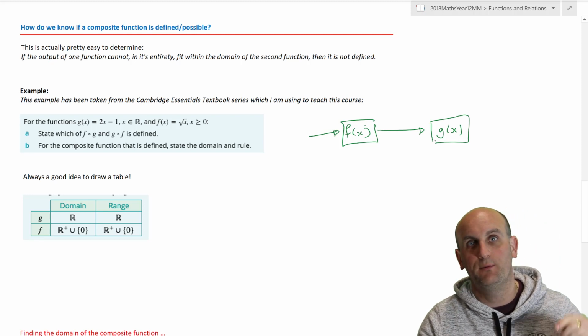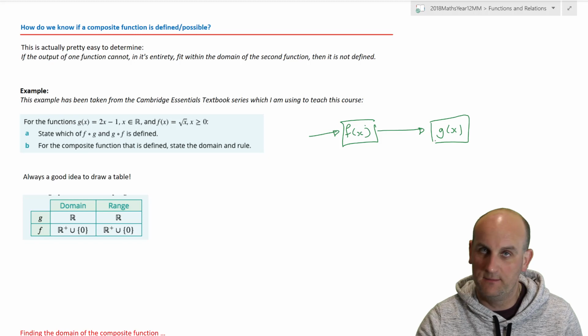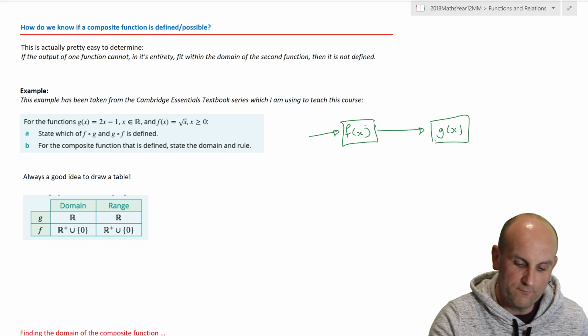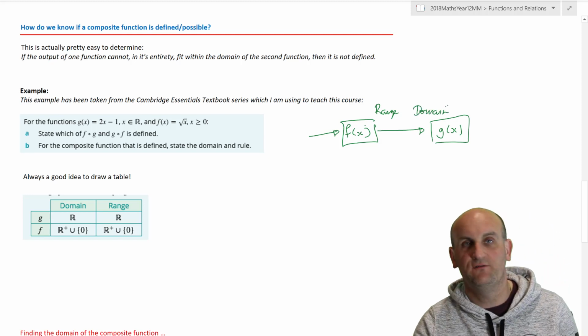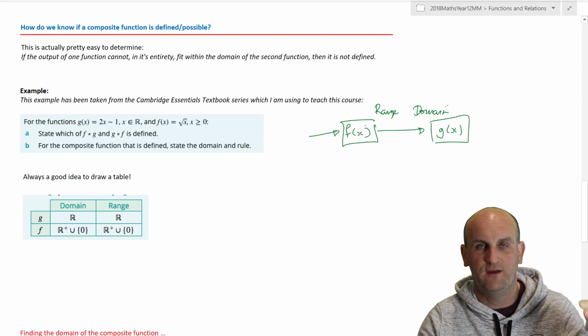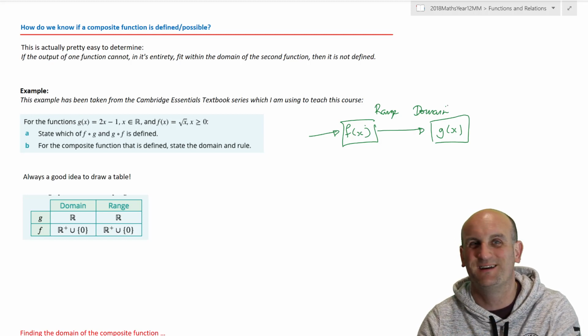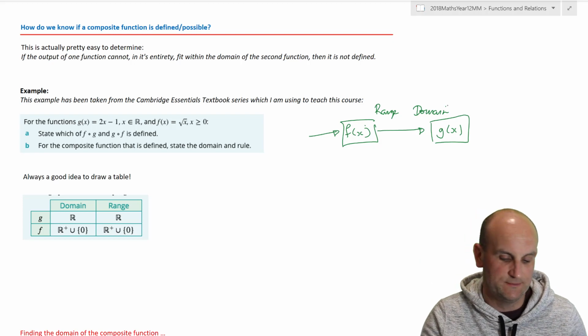If not, we're going to end up putting some dodgy values in and my g of x is not going to be able to cope. So all of the range of f of x has to fit within the domain of g of x, or it's just not going to work. I can't put an undefined value into my g of x because it just doesn't exist. It's just not possible. So we have to make sure that these things are possible.